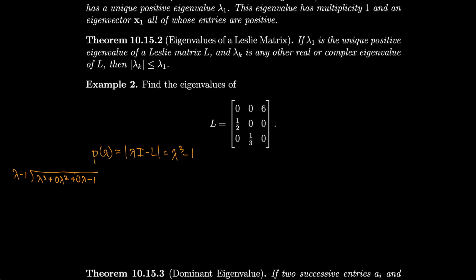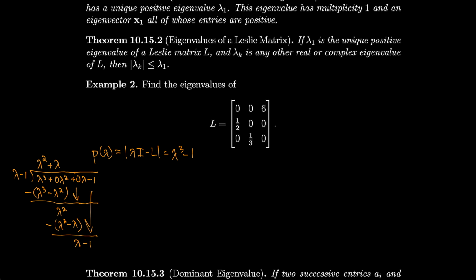Doing my division, lambda cubed divided by lambda is lambda squared. Then multiplying, I get lambda cubed minus lambda squared, and I subtract, and I get lambda squared. Bring down 0 lambda, and again do the division, get lambda, multiply, get lambda squared minus lambda, and then I'll do my subtraction, and I'll get lambda and bring down the minus 1.